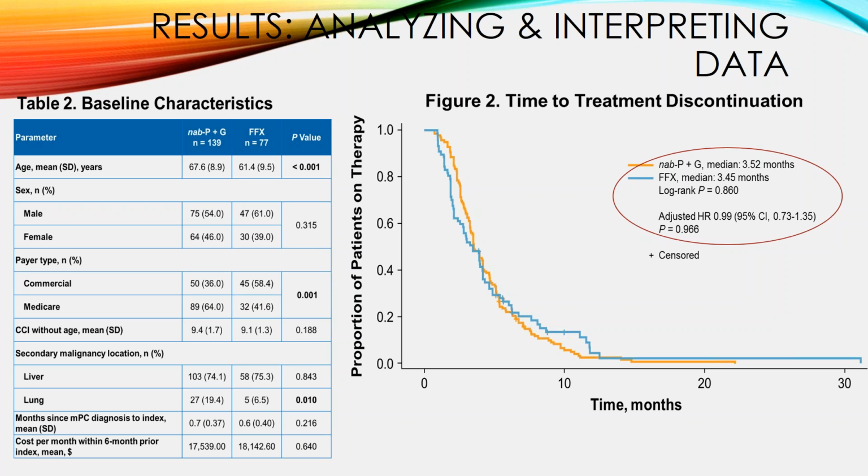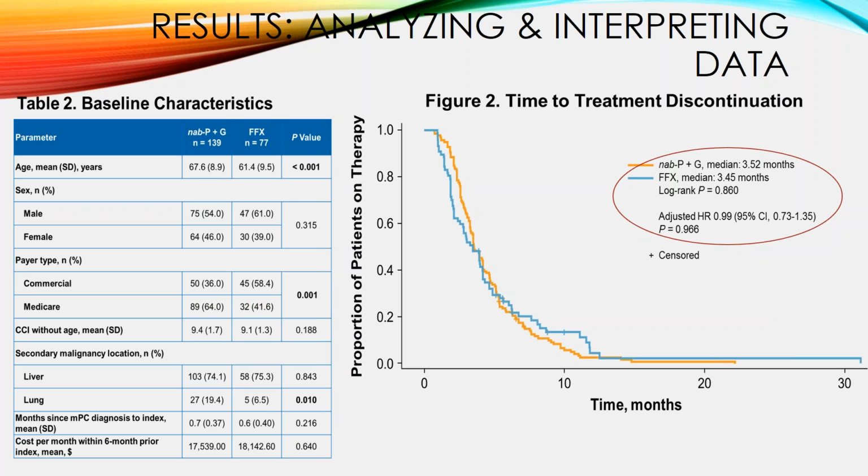And if you look at our time to treatment discontinuation, and again, this is our imperfect proxy for progression-free survival, we have here the median length of time to treatment discontinuation for both arms, as well as the adjusted hazard ratio. And again, I'll save you the biostats lesson, but this was not statistically significant.